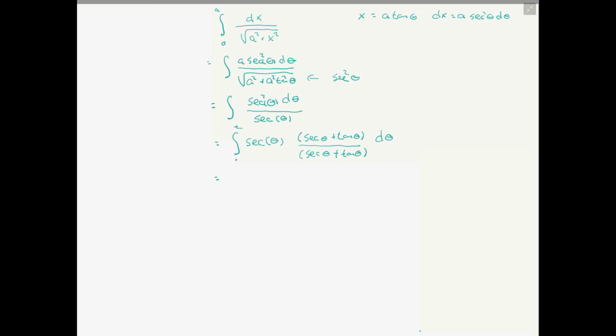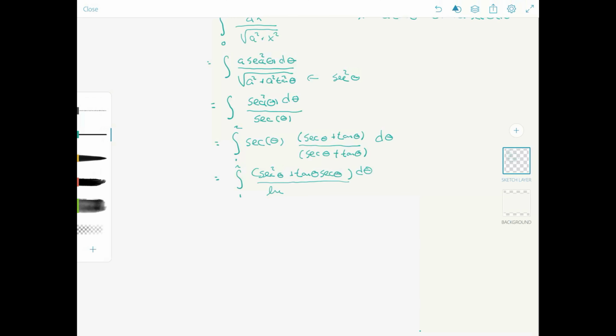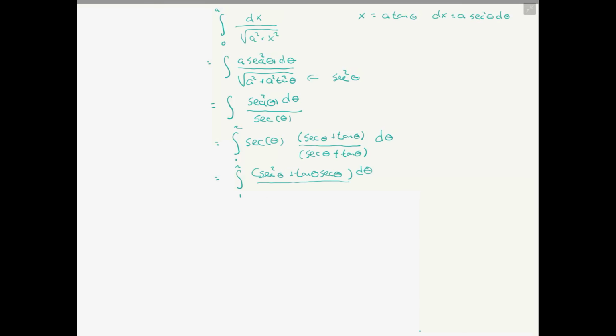And we multiply through. We got secant squared theta plus tangent theta secant theta d theta, and that is over secant theta plus tangent theta.